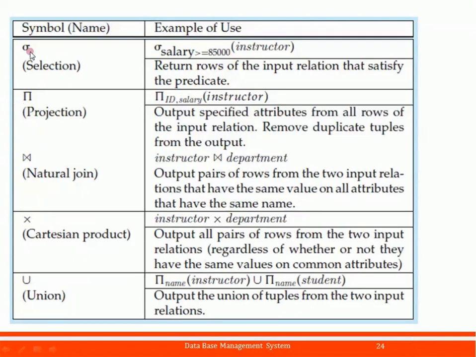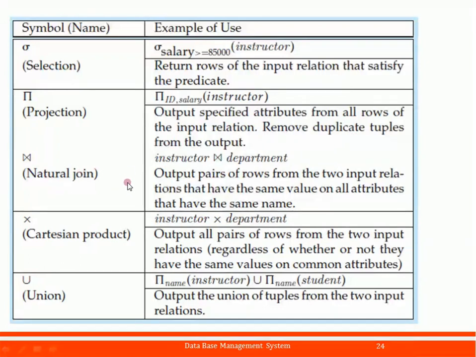We have discussed selection, sigma. This returns the rows or the tuples that satisfy the given predicate or condition. And we have projection, which is used to project or output the specified attributes from all rows and removes the duplicate tuples from the output.